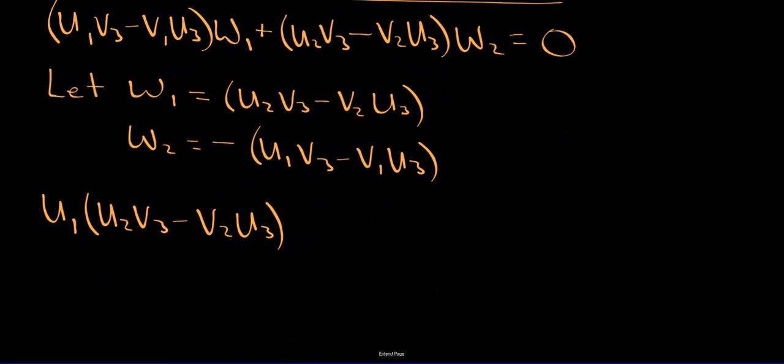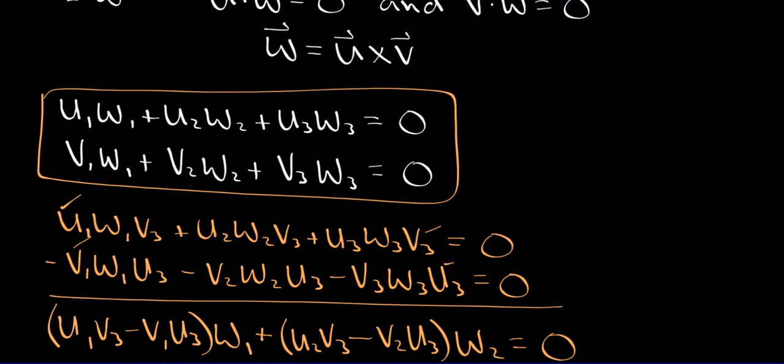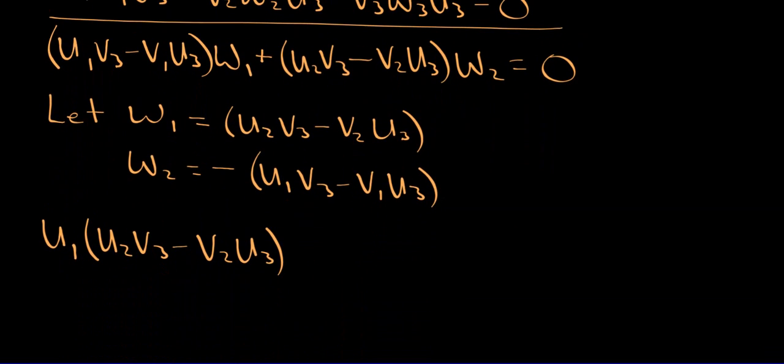Let me know if I make a mistake here because it's very important. So I've got U1, W1, plus U2, and now W2, which is this thing. All these negatives are maddening. But there's U2, W2.